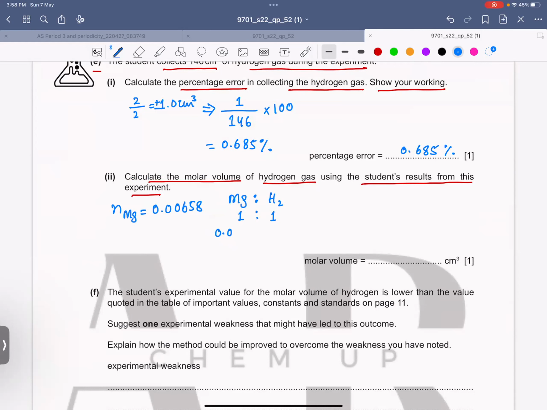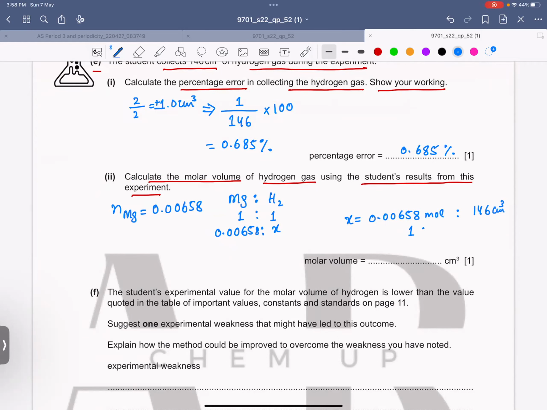So for 0.00658 moles of magnesium, the hydrogen's moles are X, and X is exactly equal to 0.00658. So these are the moles, and these moles are actually occupying 146 centimeter cube of volume.